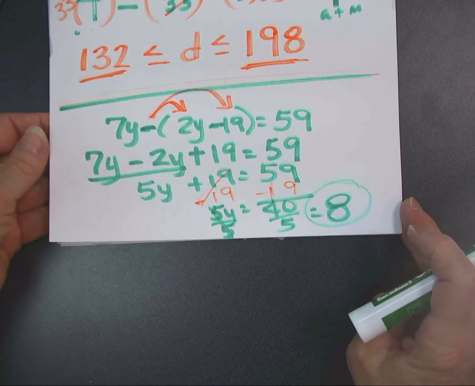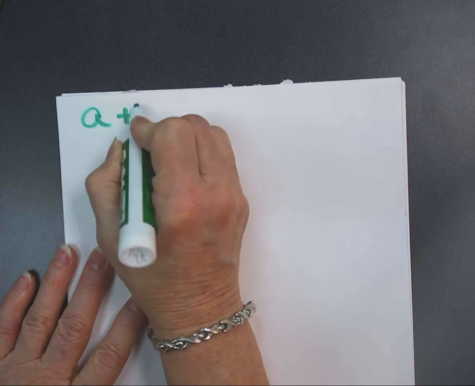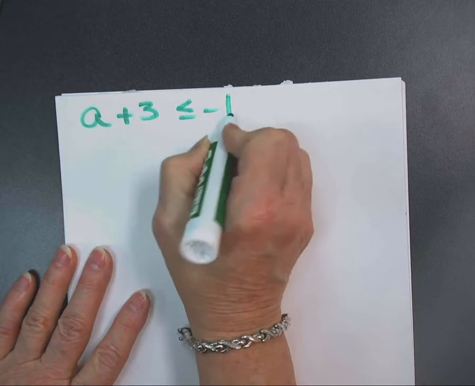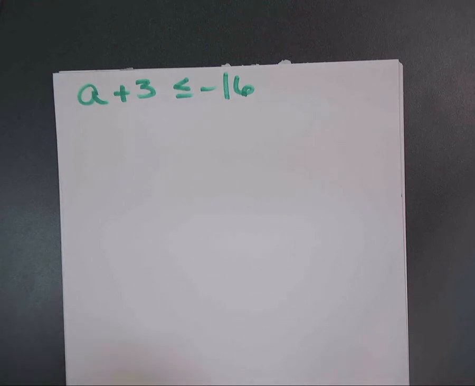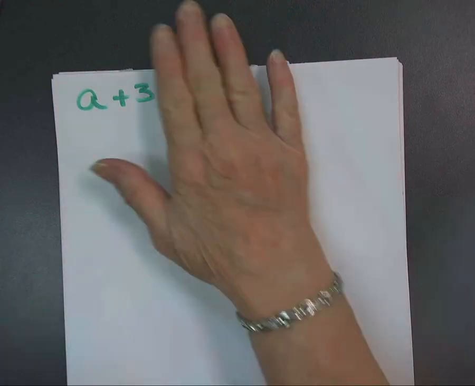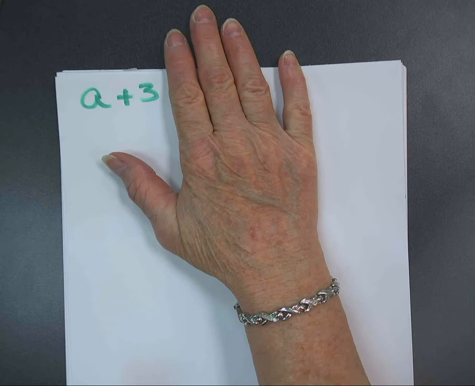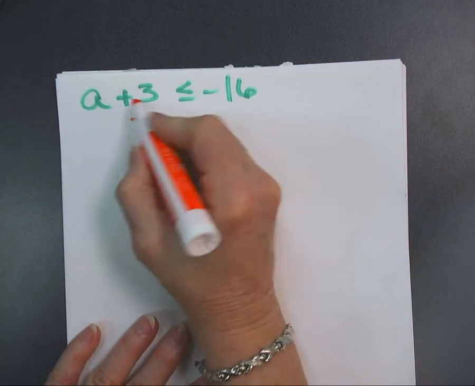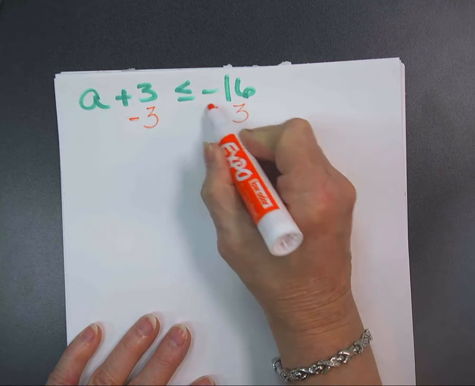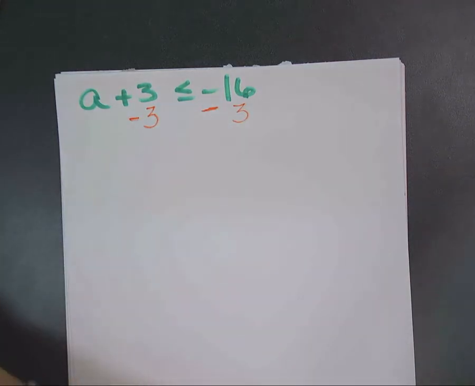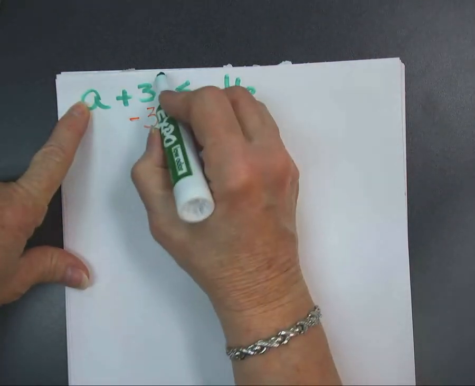No questions? Okay. Solve then graph. What are you going to do to solve that? Minus 3. Negative 19. So the x is by itself.